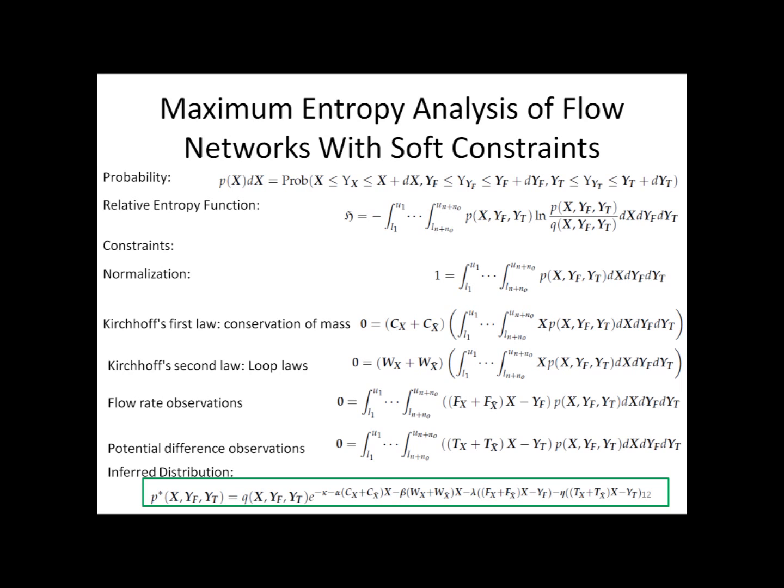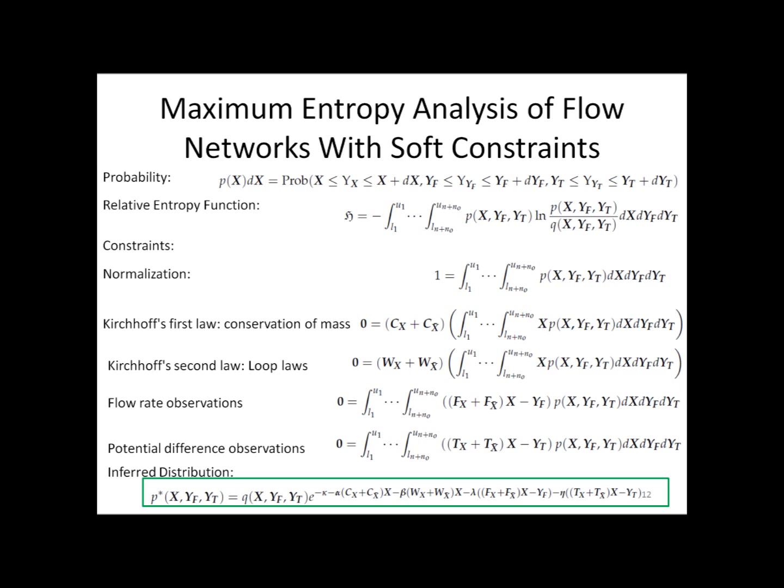Okay, the maximum entropy approach. So again, I go through to find my variables of interest, and in this case, because I'm looking at including constraints of which I'm not certain, so I'm using measurements rather than accurate values, I'm going to define my probability distribution over the variables of interest, the flow rates within the network, and also my observed flow rates and my observed potential differences.